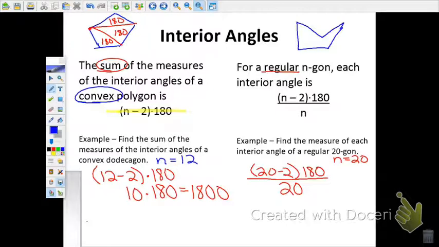So what would we want to do to work this problem out? Okay, if we think of our order of operations, we would do our parentheses first. So 20 minus 2 is going to give us 18.